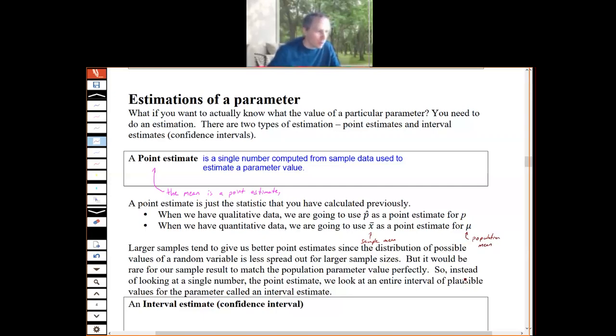We're not actually going to do examples like that, though. What we're going to do is examples where we use p hat, which is the percentage of yeses in our sample.